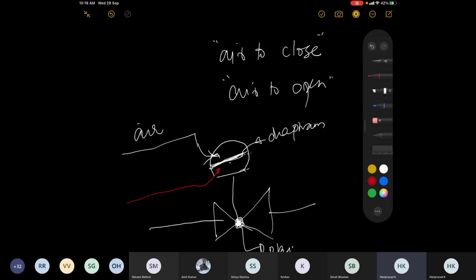This is option A and this is option B. So which one of these can be air to open or which one can be air to close? Just by naive understanding. I'm not asking anything. You can just look at this diagram and tell me what you think.